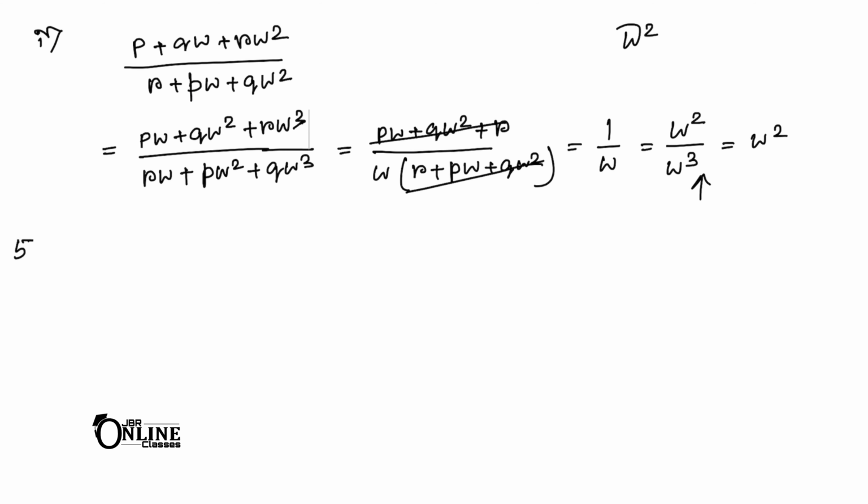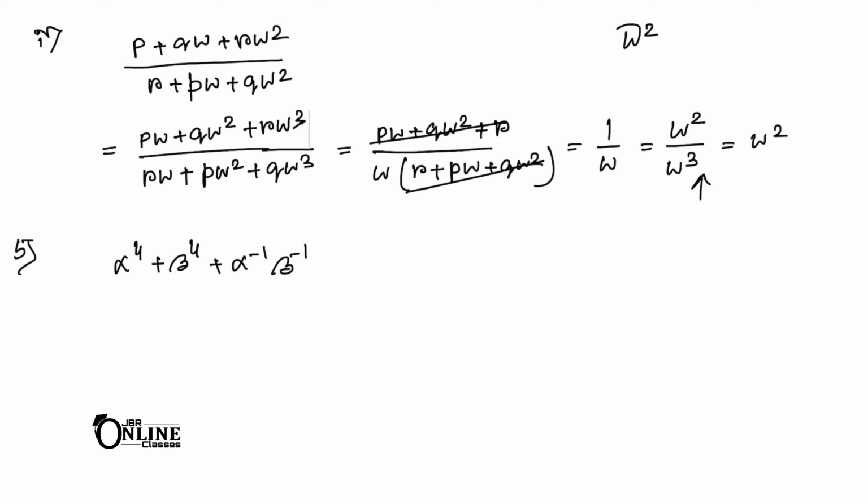Now sum number 5. Here in sum number 5, if alpha, beta are the complex cube roots of unity other than 1, then you have to show that alpha to the power 4 plus beta to the power 4 plus alpha inverse plus beta inverse equals 0.